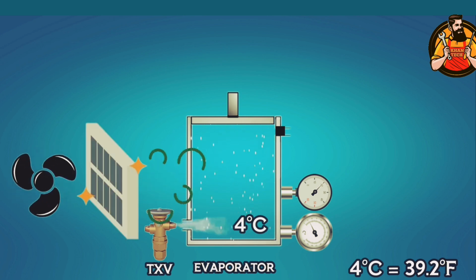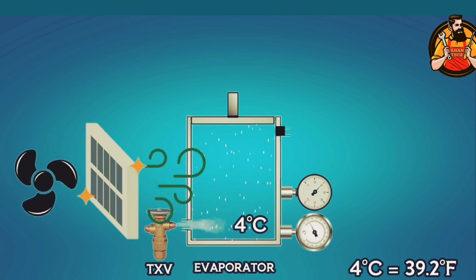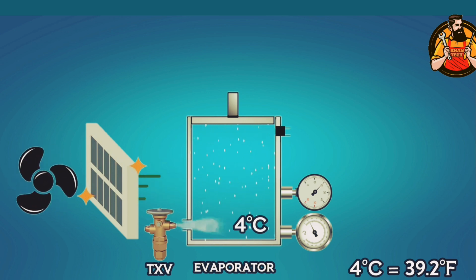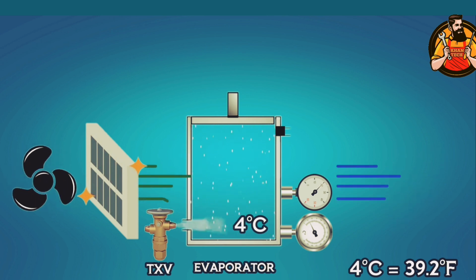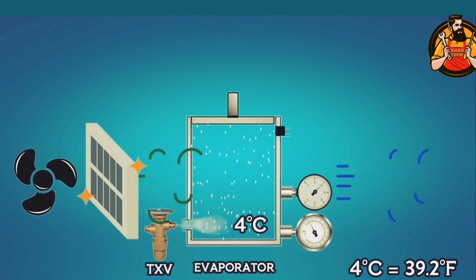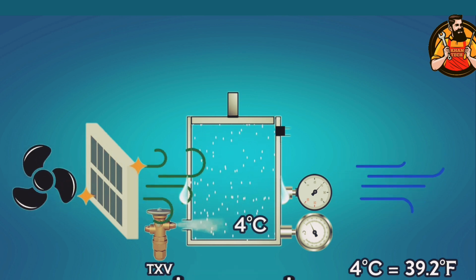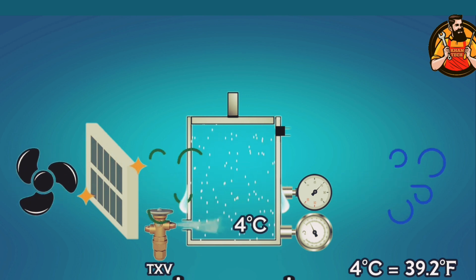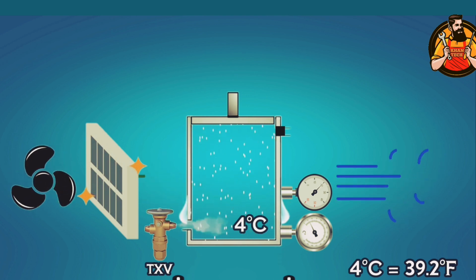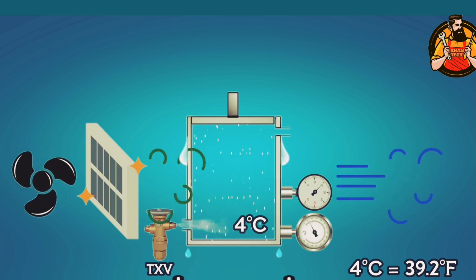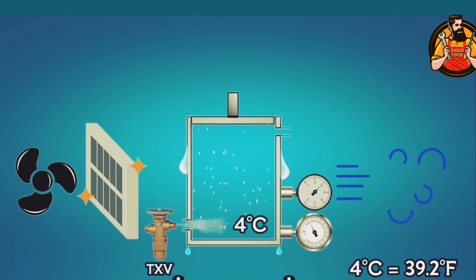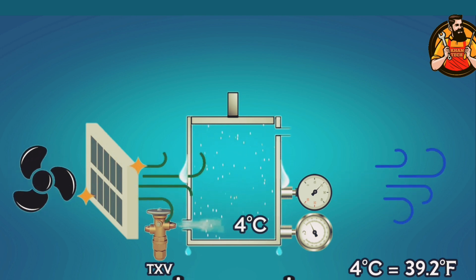When this air hits the evaporator coil at a temperature of 4 degrees Celsius, we get well-cooled air. Condensation occurs in the evaporator when the hot air coming from the blower falls on the evaporator. All this condensation water will go out through the drain pipe. This is the process that takes place in the indoor unit of an AC unit.